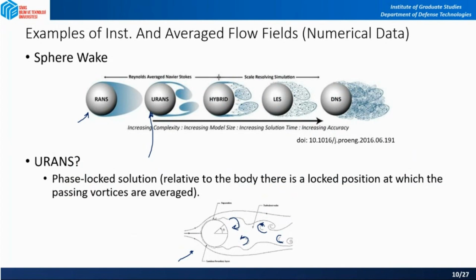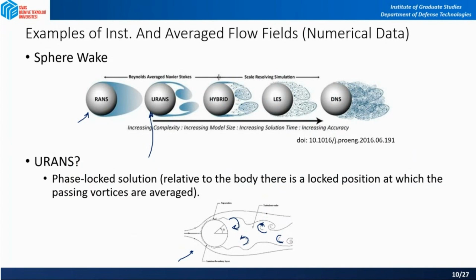And if the Reynolds number is high enough and we are in a turbulent vortex shedding regime, then the alternating pattern is there, but the shape of the vortices will be irregular, and the shape will be different from each other.